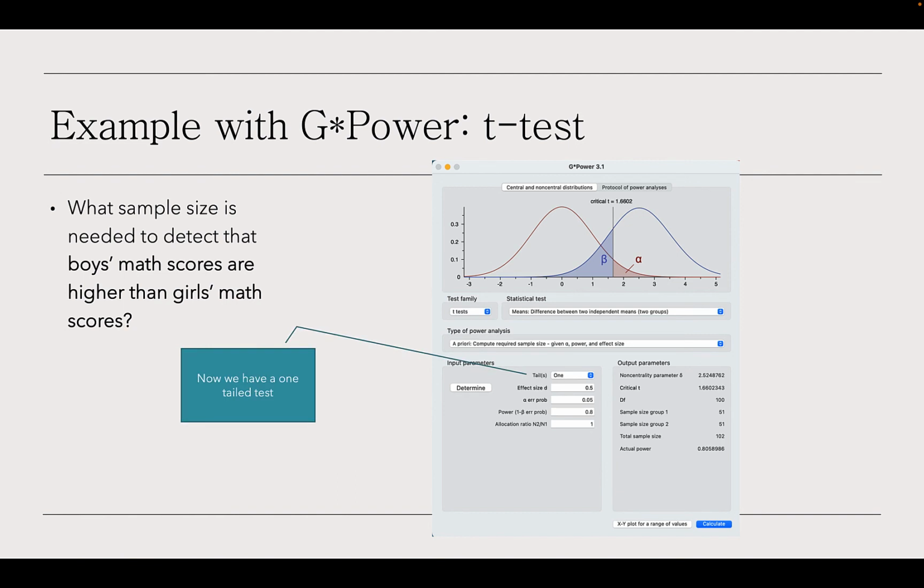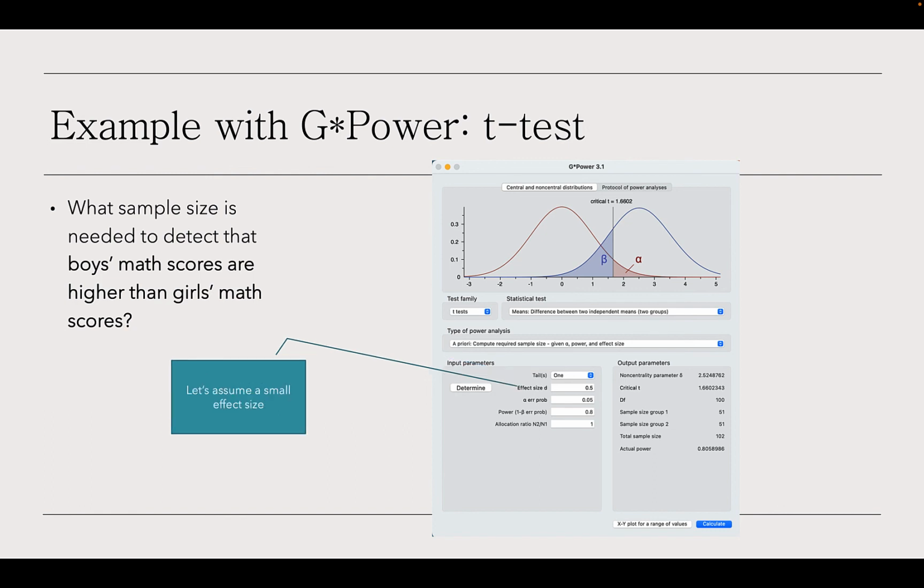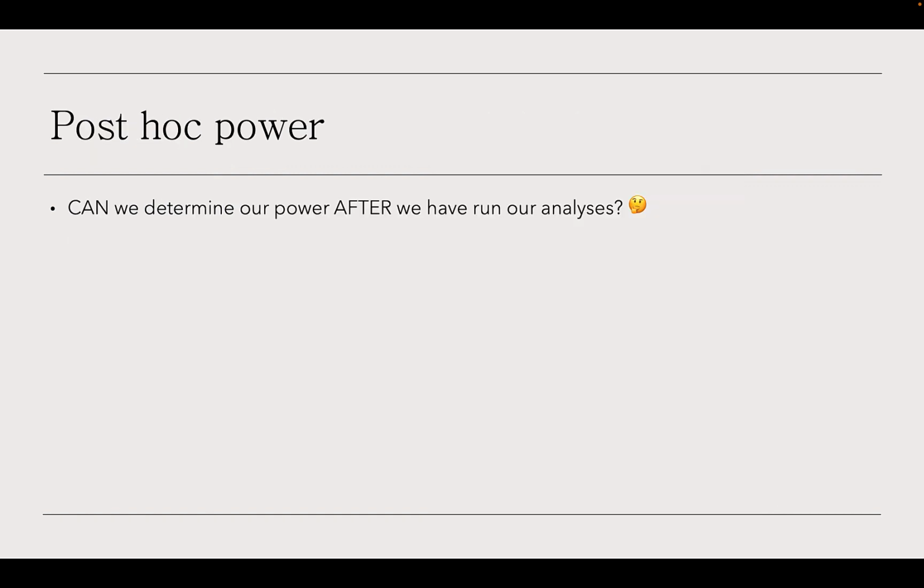We'll keep our 80% power. What happens to the sample size now? Well, now it drops even lower to only needing 102 students, 51 in each group. So again, going from a two-tailed test to a one-tailed test, when you know the direction of the difference, you can get away with a slightly smaller sample size.